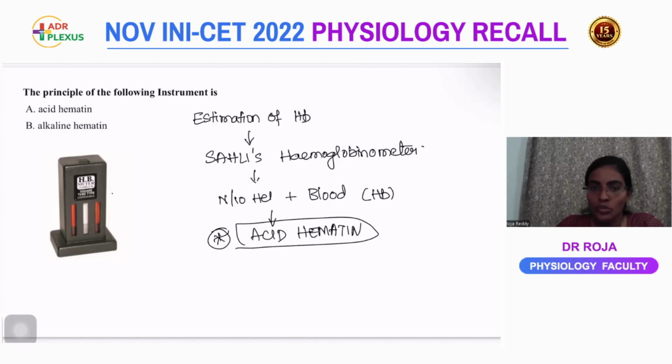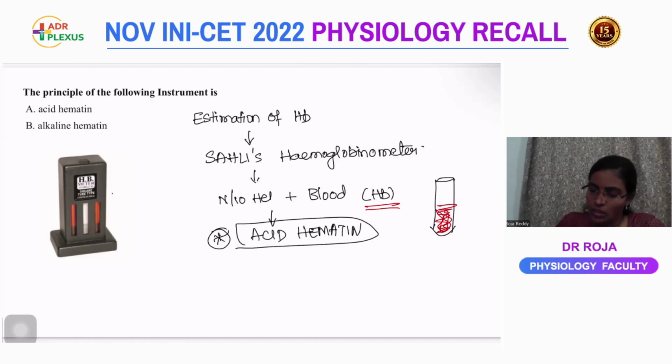You take up the acid and add blood to it, let it stand for some time, and you will see a colored fluid inside the tube. The color of that fluid will depend on the concentration of the hemoglobin. More the hemoglobin, more the acid hematin formed.